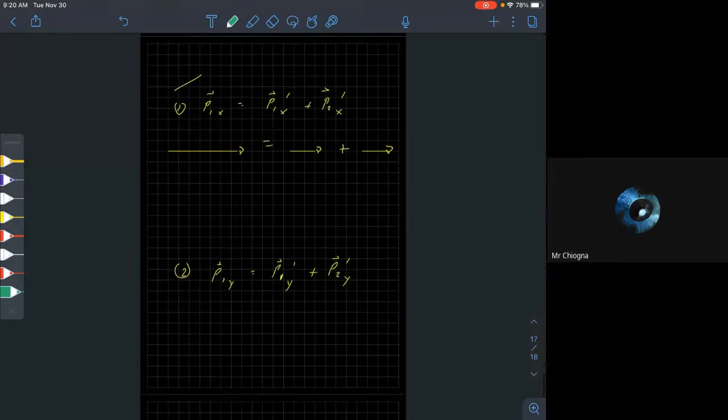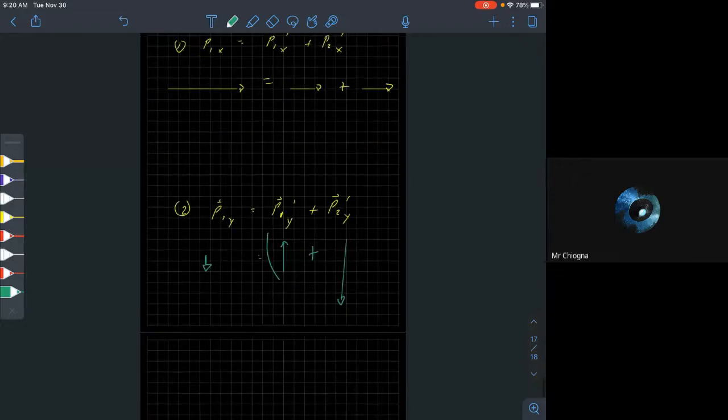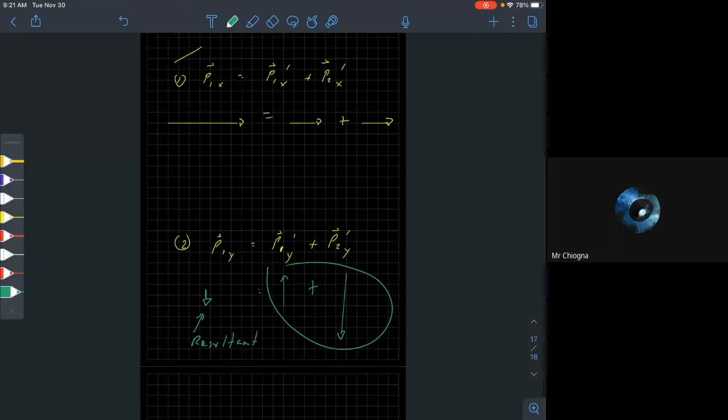Well, one arrow pointed up, plus that pointed down. What's that equal to? A small vector pointed down. These two will add tip to tail to give you that. That's your resultant. What does it say above here?